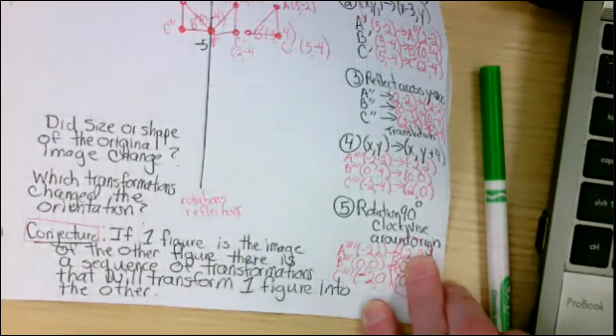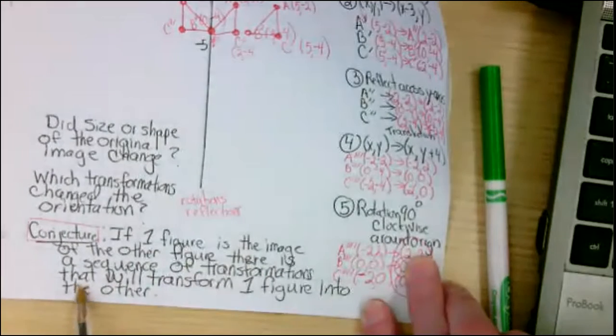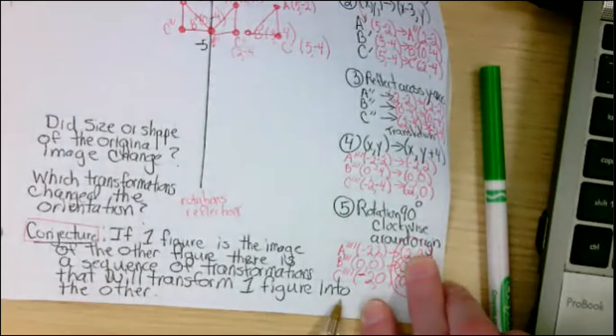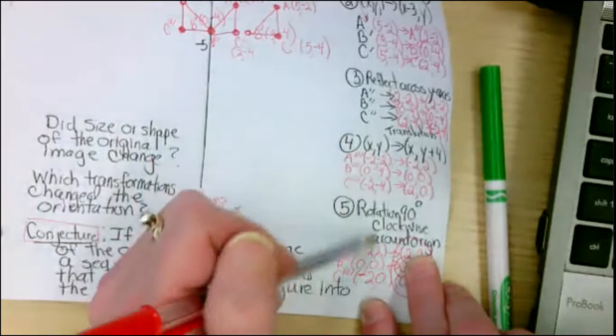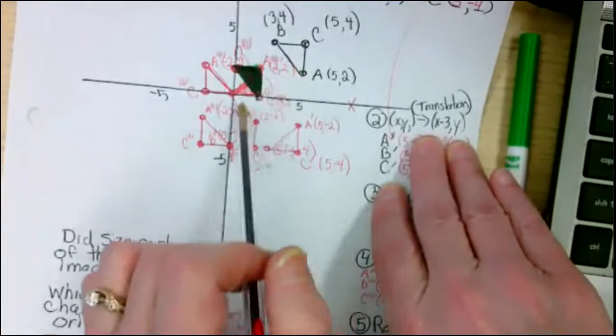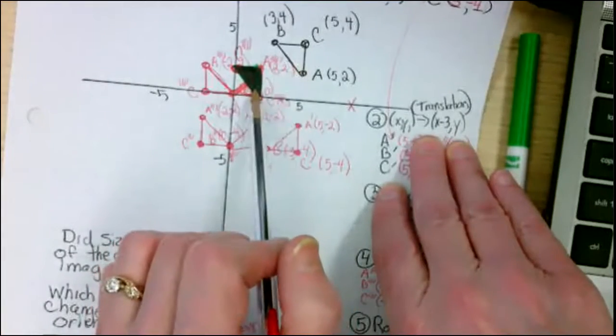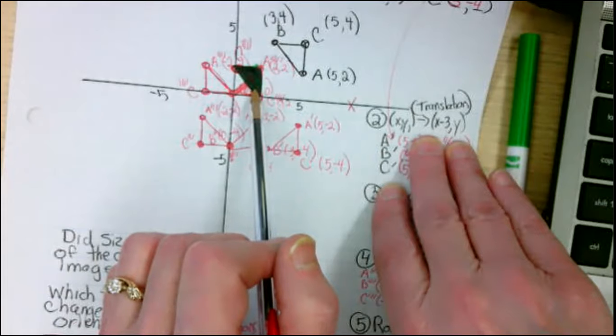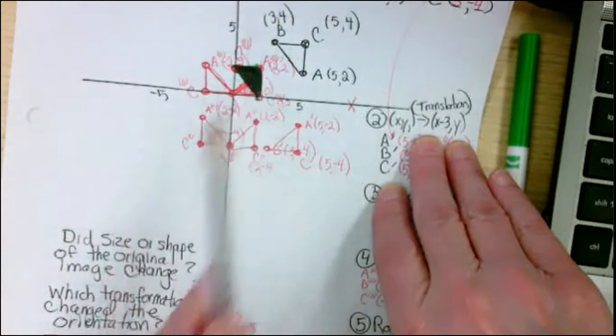If one figure is the image of the other figure, there is a sequence of transformations, that's what we did over here, that will transform one figure into the other. So we did a sequence of transformations. These two are congruent because all we did was turn them, slide them, or rotate them. We did not dilate them, which is coming up. But dilation is changing the size of something. We're not doing that yet.